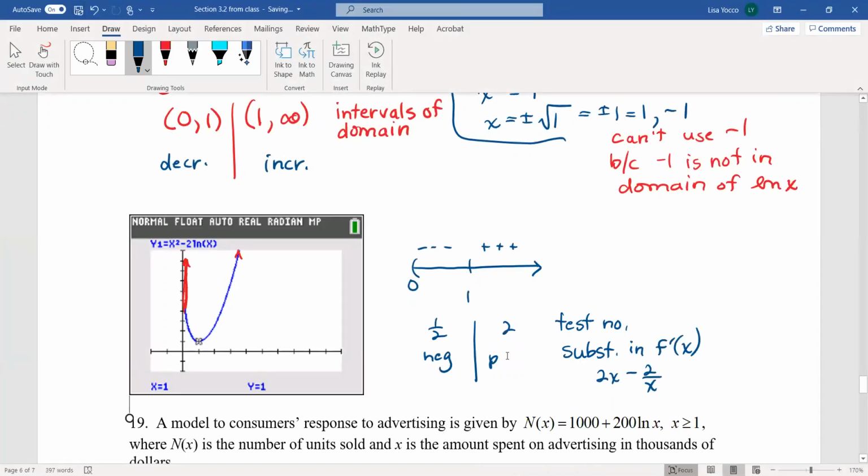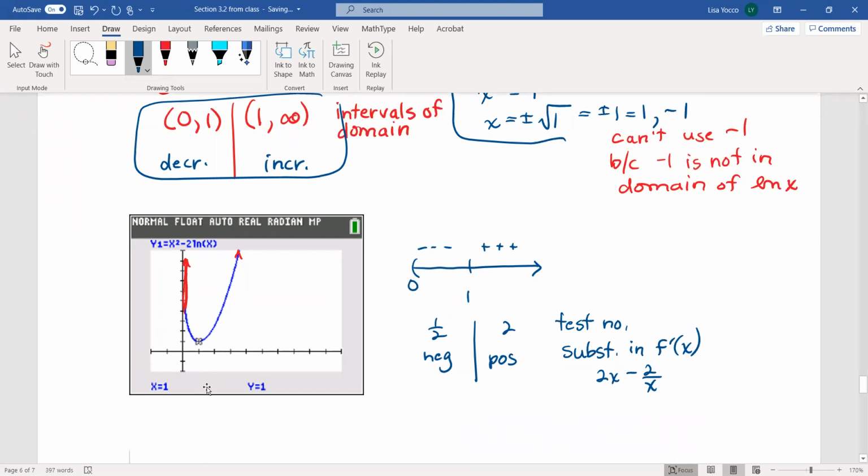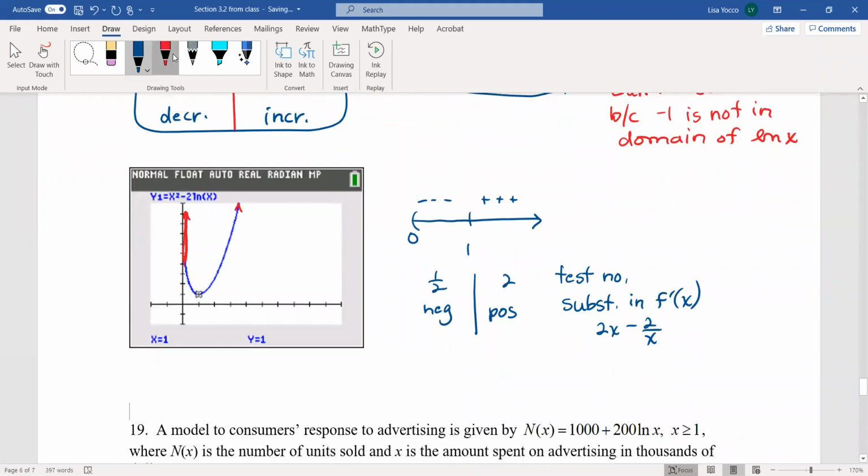And that's pretty much it. The answer is right here: my function is decreasing on the interval 0 to 1 and increasing from 1 to infinity. So I guess it'd be nice to write that out. Here's the answer.